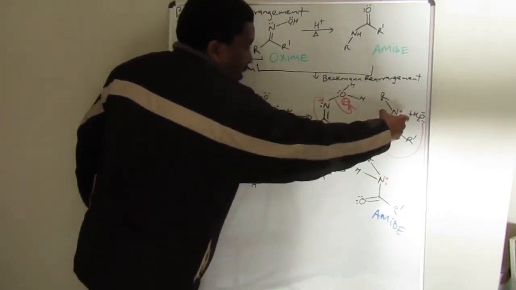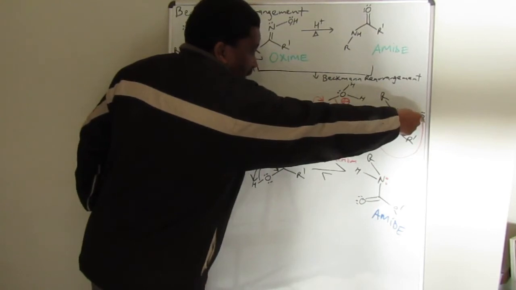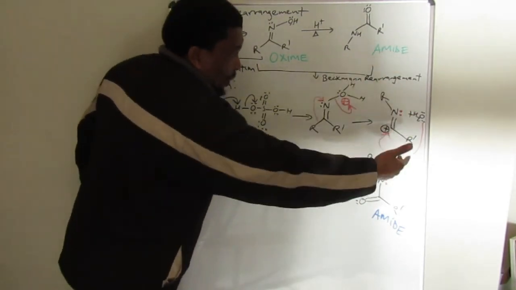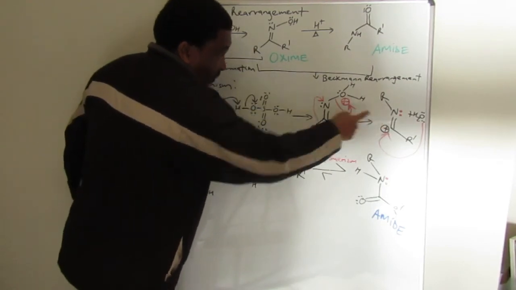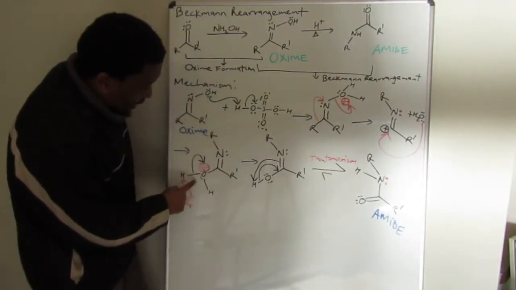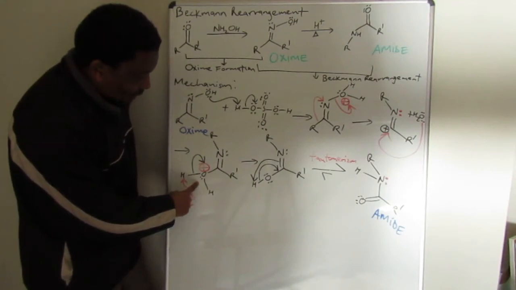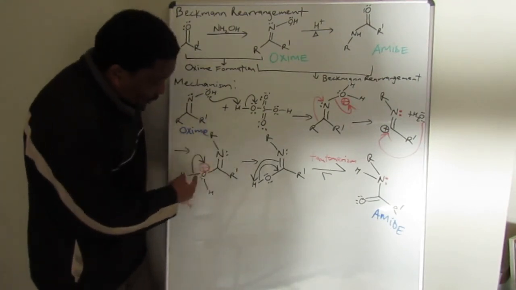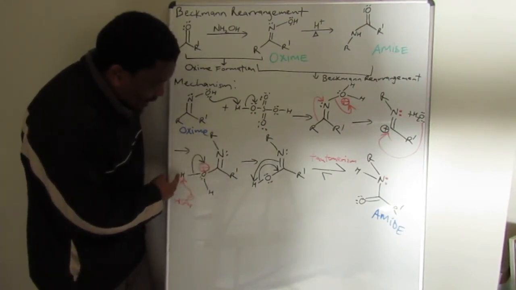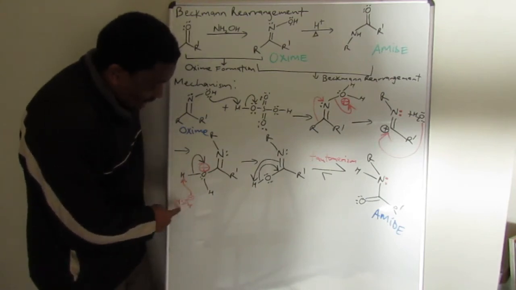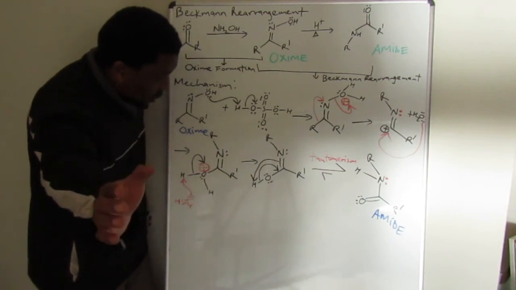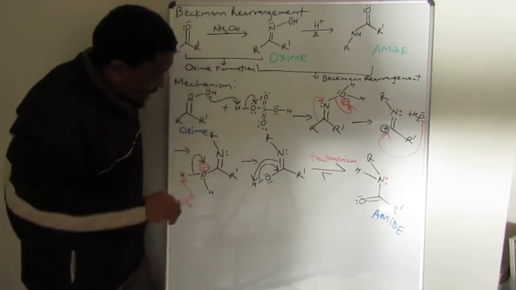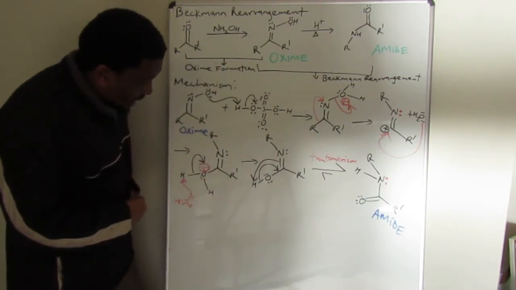Now, as soon as that takes place, we've generated water in that step as our byproduct. The water then attacks the carbon atom that is positive to generate this type of intermediate. Then oxygen takes away the bond pair shared with hydrogen, as that H plus is taken by your HSO4 minus to reform H2SO4, which is your acid catalyst.